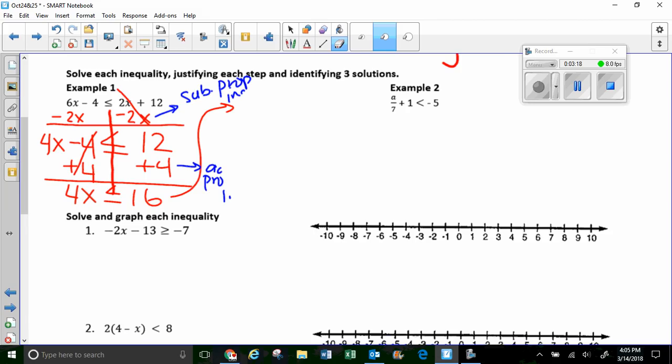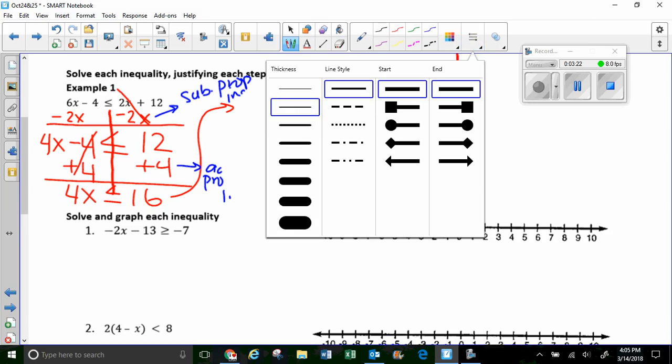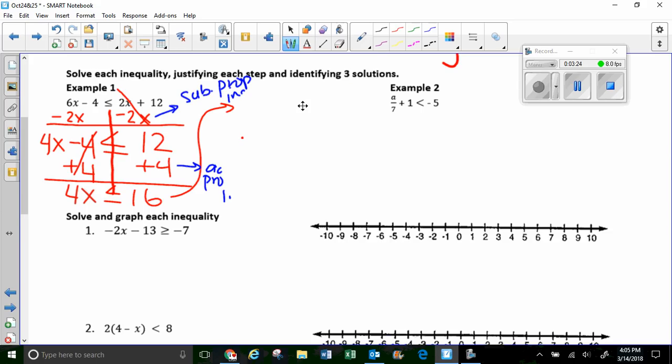Okay, so I'm going to take a look at this and notice that the first thing I need to get rid of is the plus 1. If it were written a plus 1 over 7, that would be different.